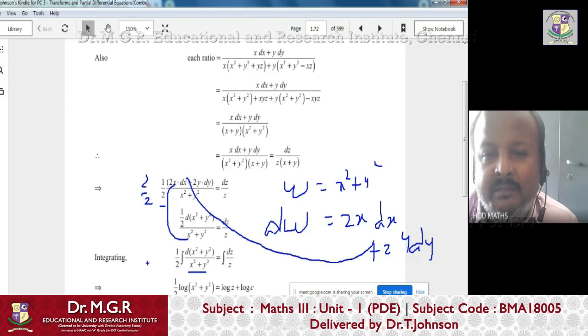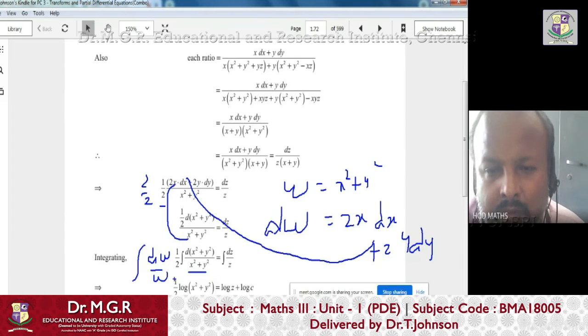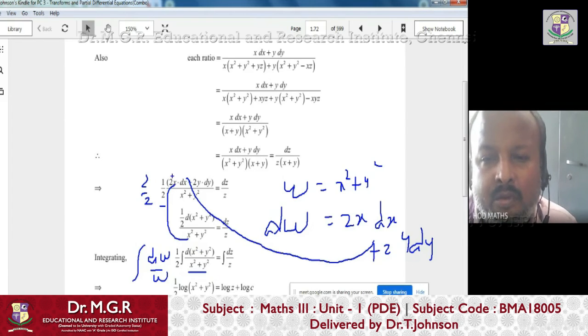So it is something like dw by w. If you take x square plus y square as your w, then 2x dx plus 2y dy is nothing but dw. So what is the integral of 1 by w? That is log w, right? So you consider this as a variable, right?